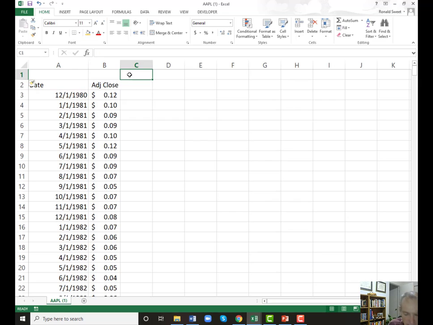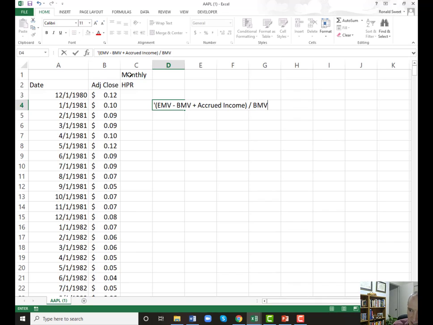And now I'm going to do a monthly holding period return. Remember, the holding period, we can't do it for the first month because we don't have a beginning value. The holding period return is just going to be the ending market value minus beginning market value plus accrued income divided by beginning market value.